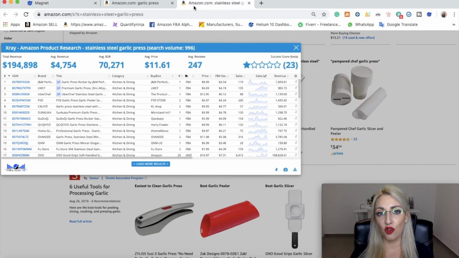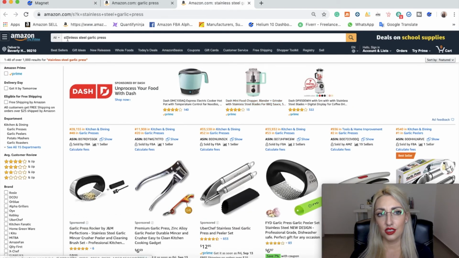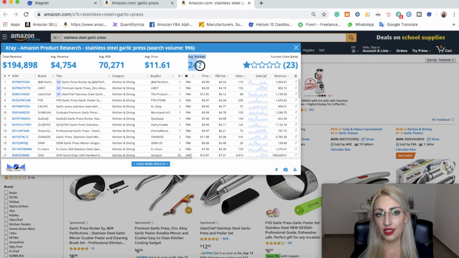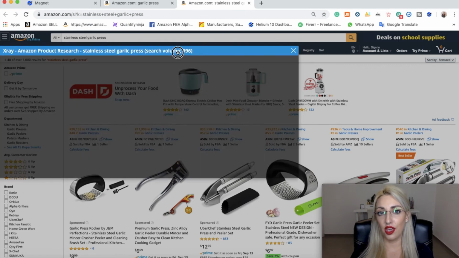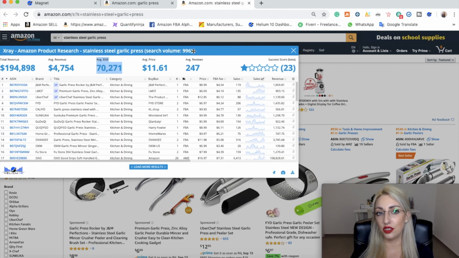I've gone ahead and opened that up here so you can see. If we were to do Helium 10, suddenly it's 247 average reviews, and the average BSR is 70,000. So people here are making less money. You can see the searches a month here, 996.